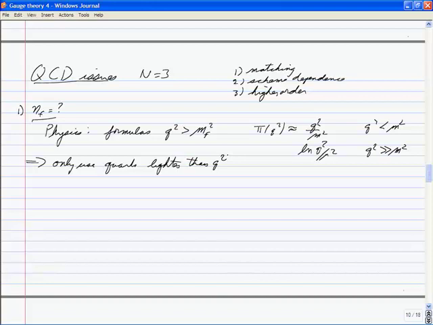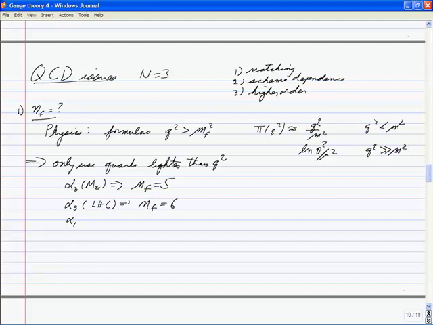So if you're defining alpha 3 at the Z mass, you use NF equals 5. Alpha 3 at the LHC will be NF equals 6.